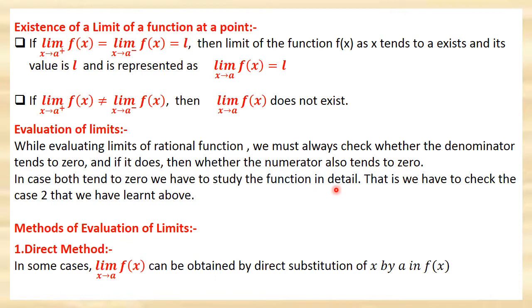Accordingly, we will write the value of the function. That means we have to check the case 2 that we have already learned in the last class. Now we can apply the direct method also. In some cases, limit x tends to a f of x can be obtained by direct substitution of x by a in f of x also.